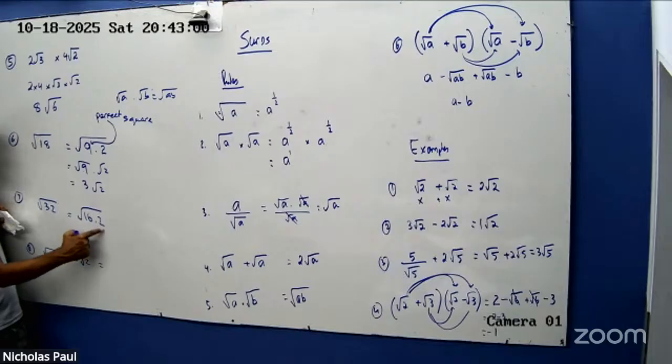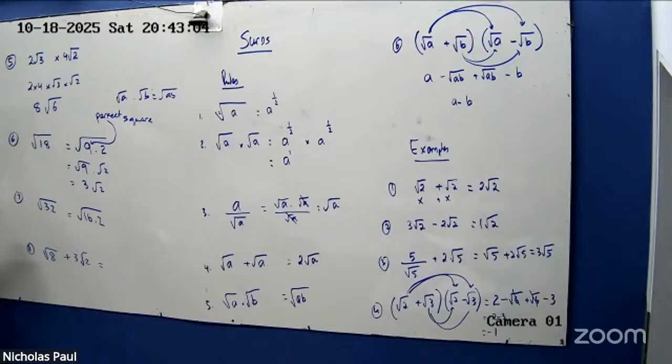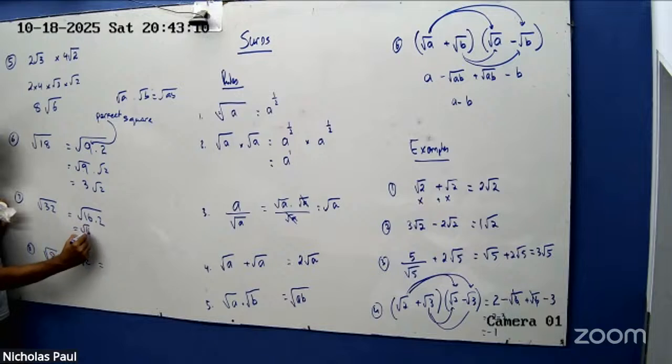If you use 4 and 8, you'll have to break it down one more step. So 32 is 16 by 2, so this is root 16 by root 2, which is 4 root 2.